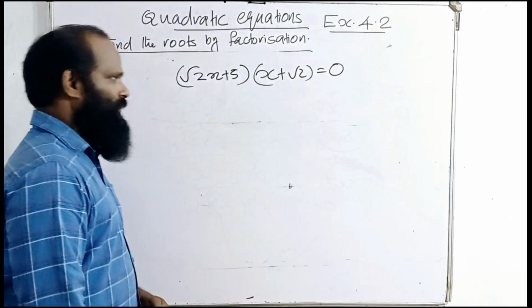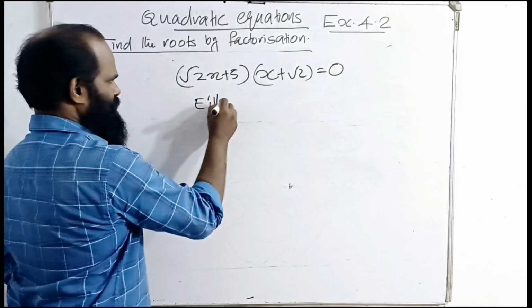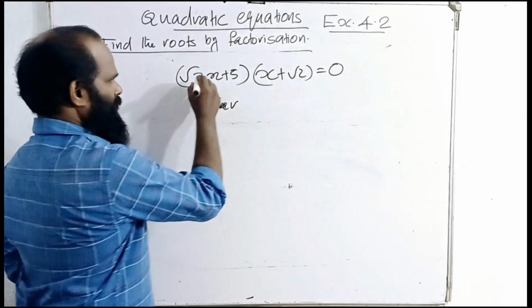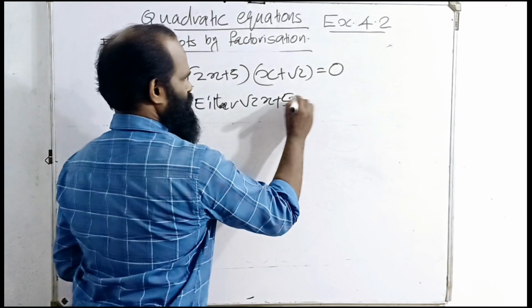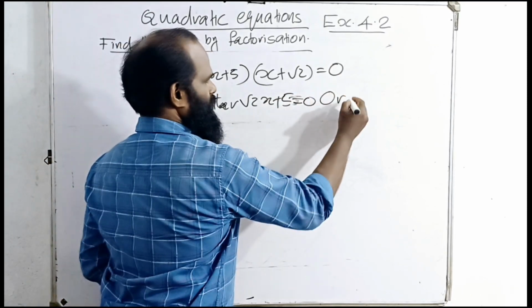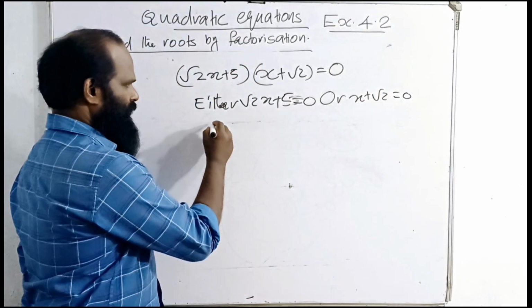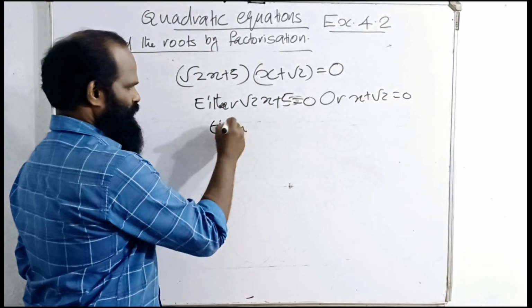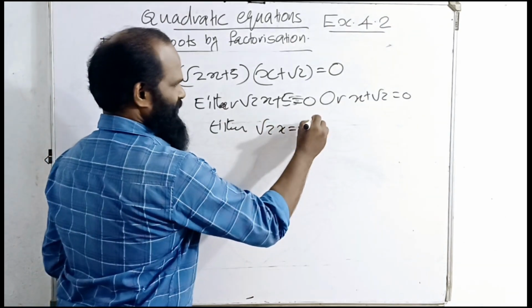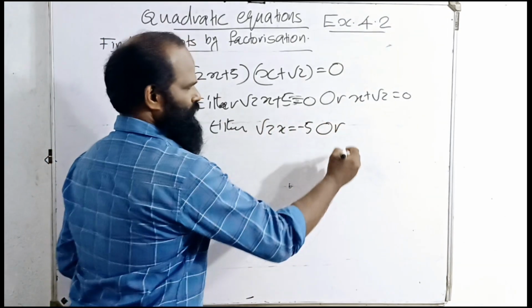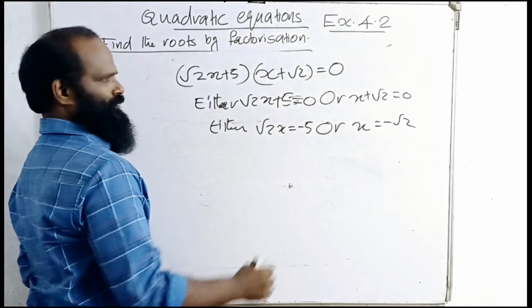Now, we will find out the values of x. Either root 2x plus 5 is equal to 0 or x plus root 2 is equal to 0. Either root 2x is equal to negative 5 or x is equal to minus root 2.